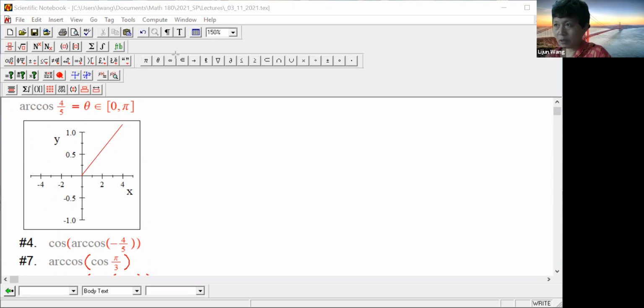It's not a special angle, no problem. This is theta, measured this way. Terminal in the first quadrant. 4/5 is adjacent over hypotenuse, if you need to mark those.